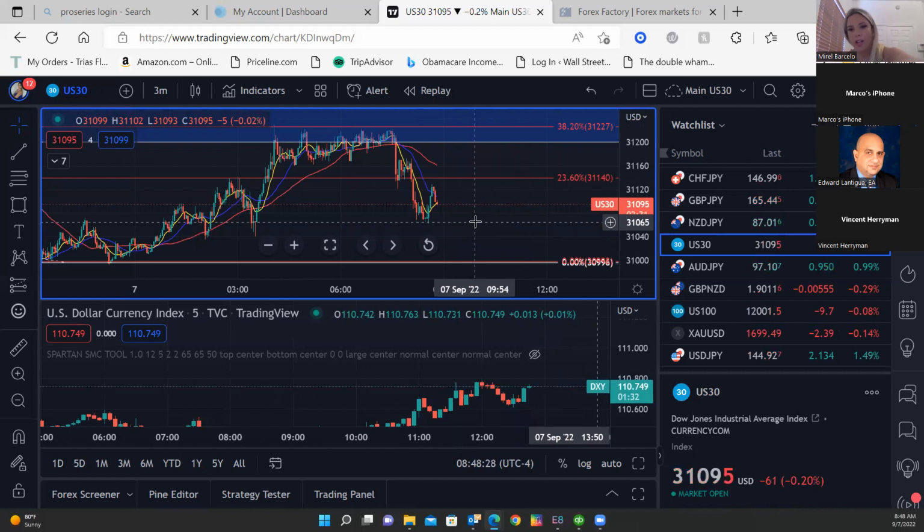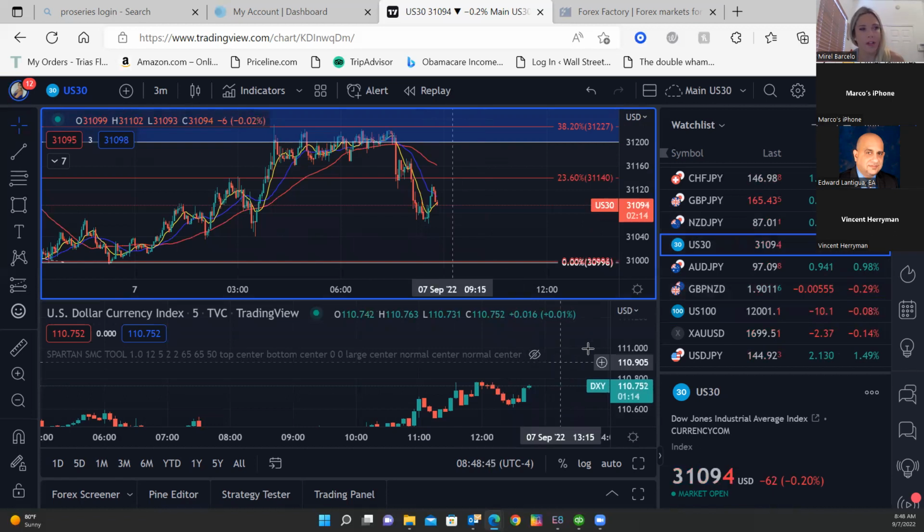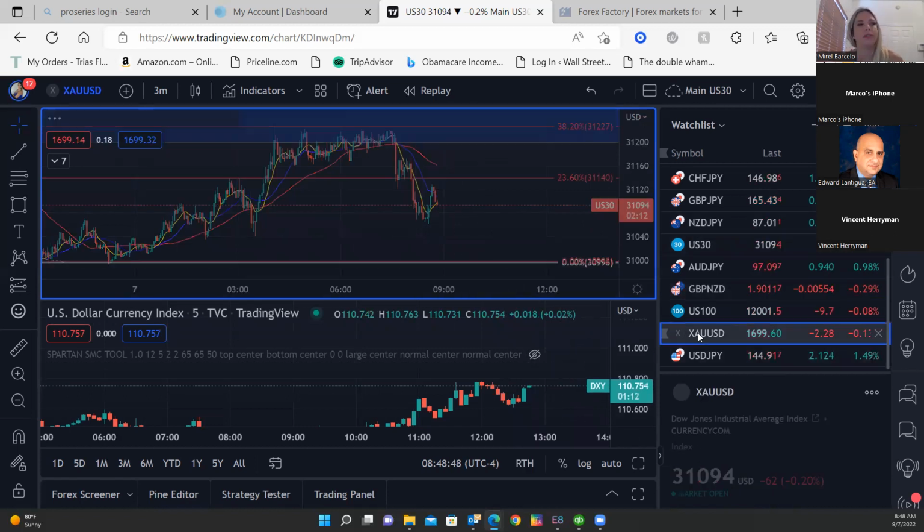It's US30 over dollar, gold over dollar. So if the dollar goes up, the other currency or whatever pair you're trading is most likely going to go down. With indices it's different, because there are other factors that affect it. But for gold, if the dollar goes up, gold is going to go down.